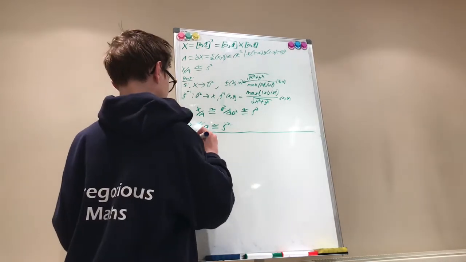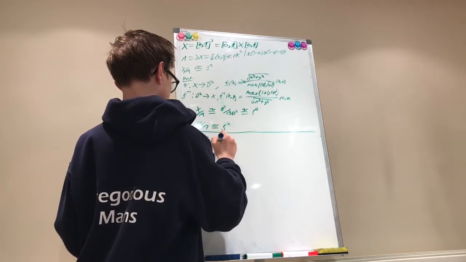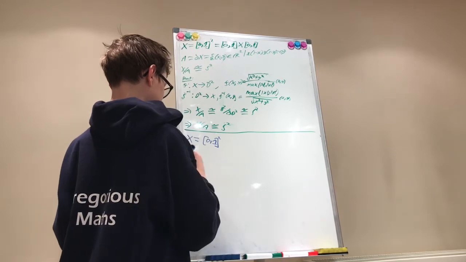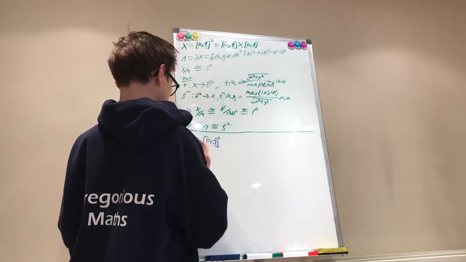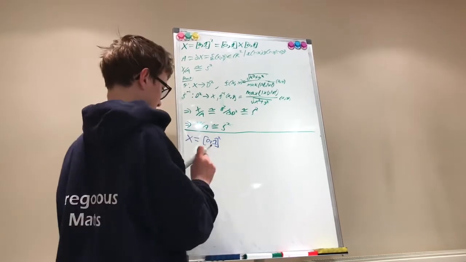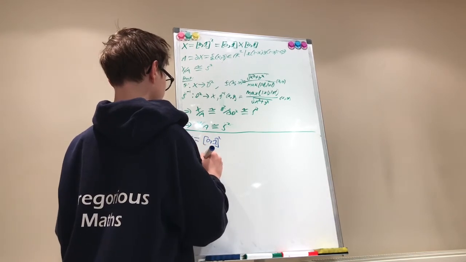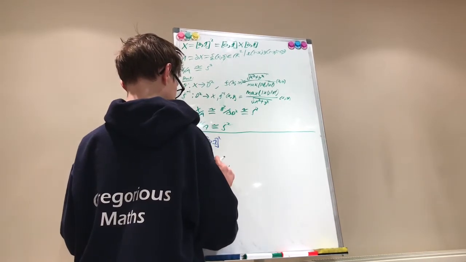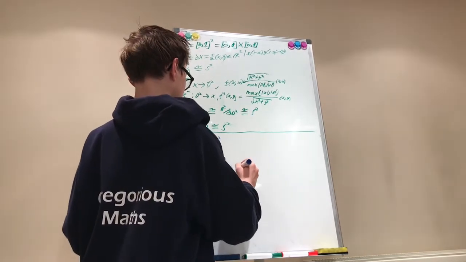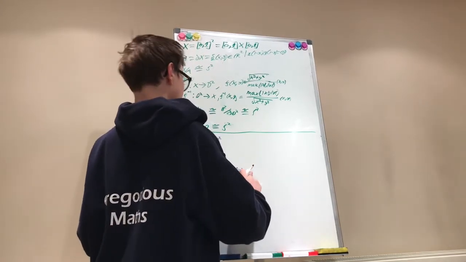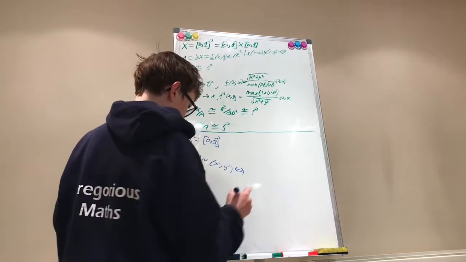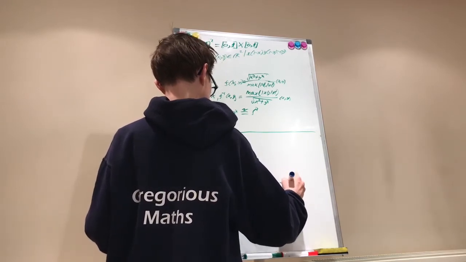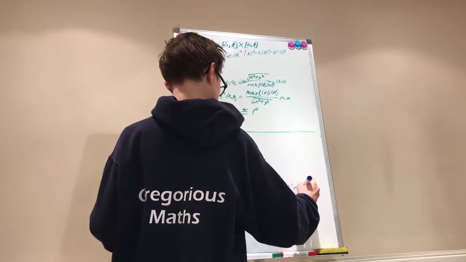So, if we have X equal to the closed interval between 0 and 1 squared, and tilde, the equivalence relation, is defined as follows. (x, y) is tilde (x prime, y prime) is equivalent to saying that either x equals x prime and y minus y prime is in the integers.